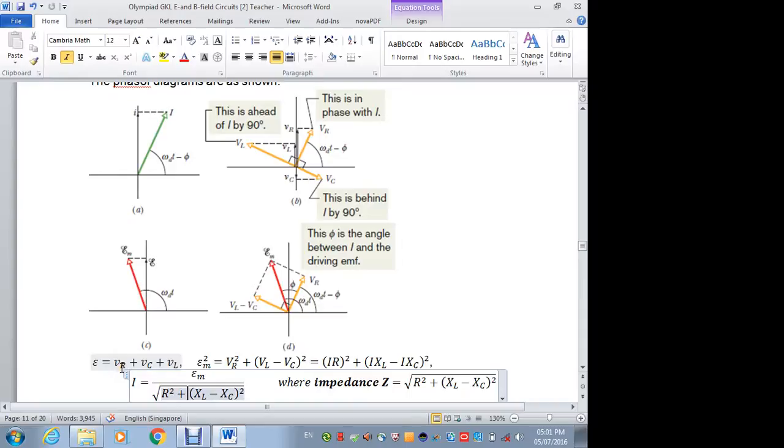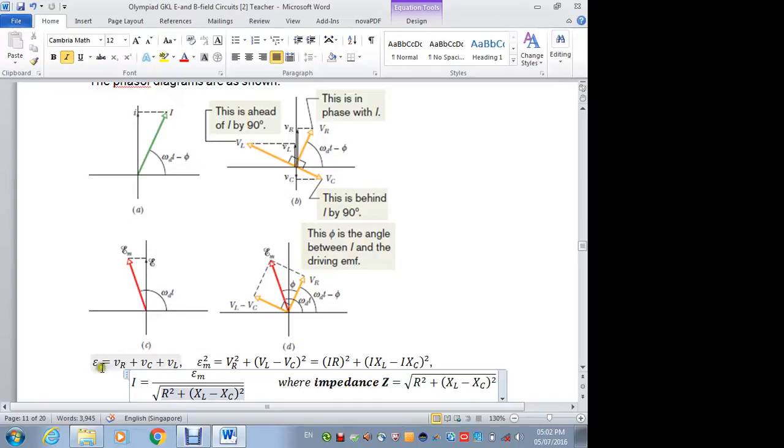VR is actually a sine function or whatever. Now, Em squared. This one is always true: VR plus VC plus VL. This is algebraic.